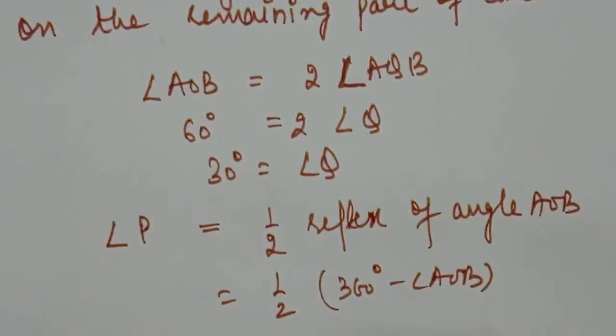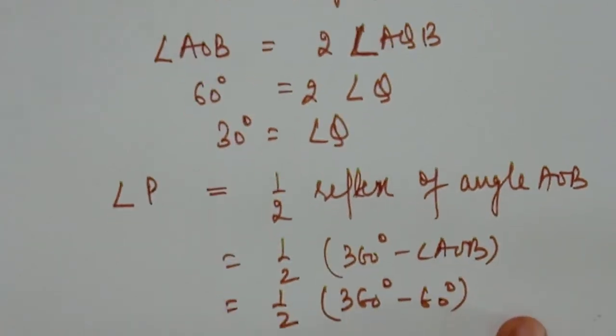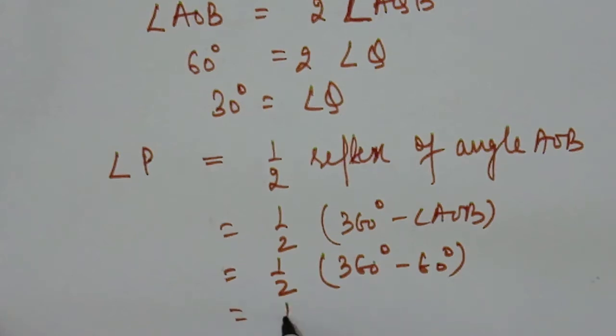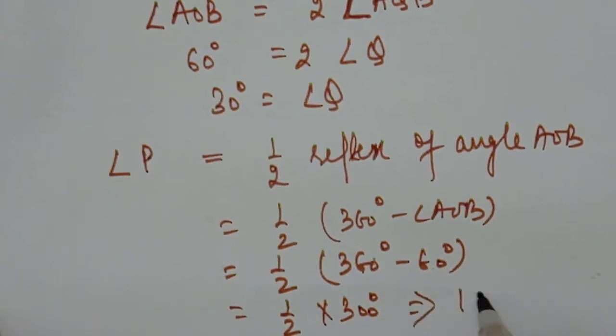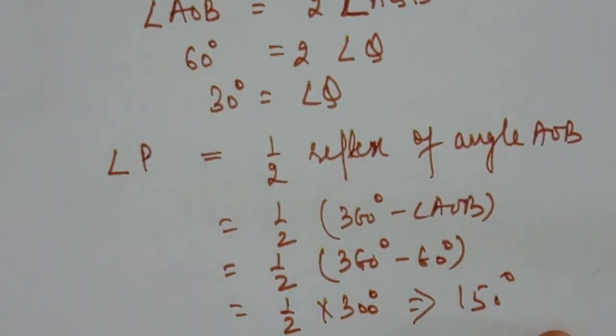So we have half of 360 minus 60, because AOB is 60 degrees. Half of 300 degrees is equal to 150 degrees. So angle P is 150 degrees and angle Q is 30 degrees.